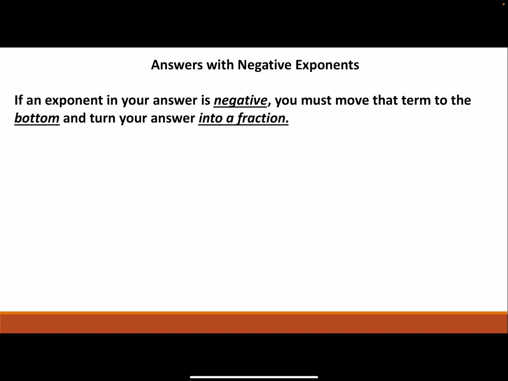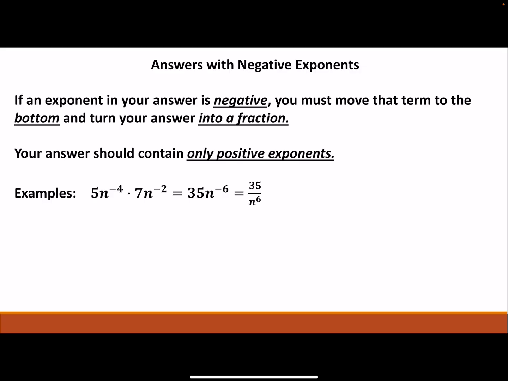So any location that our negative exponent is located, denominator or numerator, remember, moving it across the fraction bar turns it into a positive. And your answer should only contain positive exponents. Never give a final answer with a negative exponent.